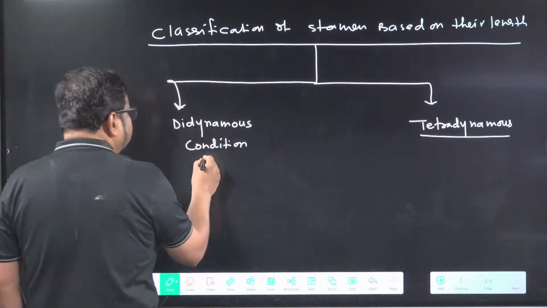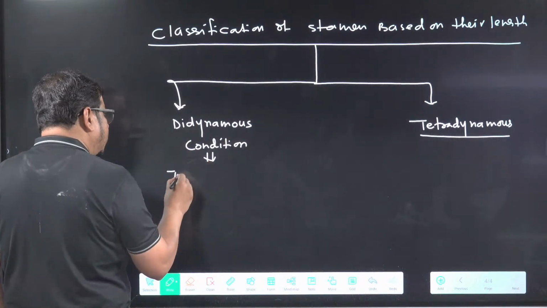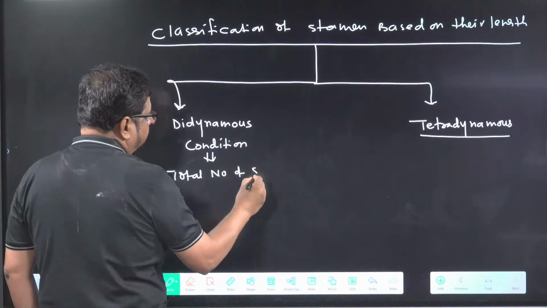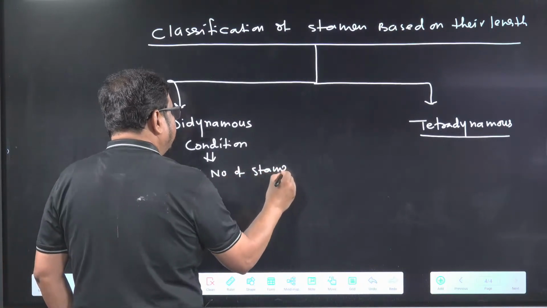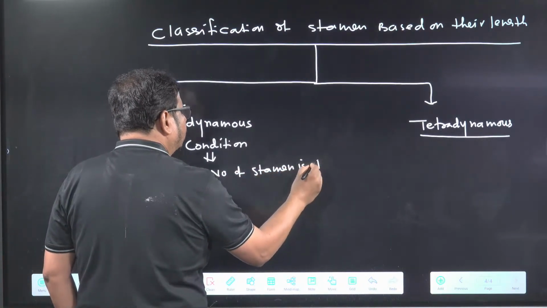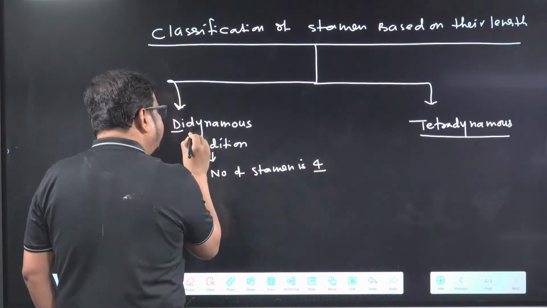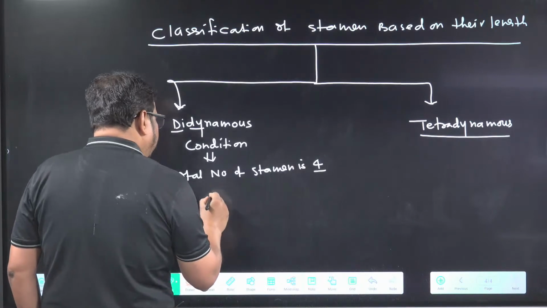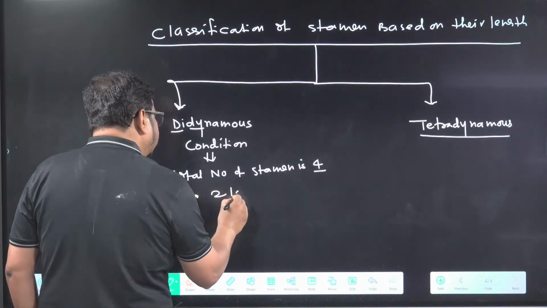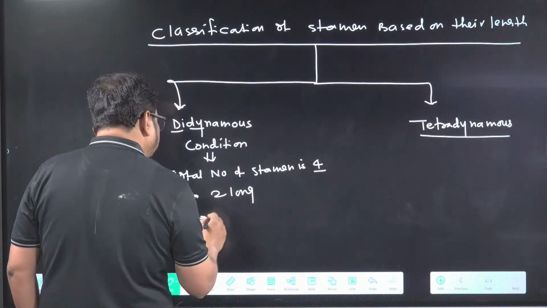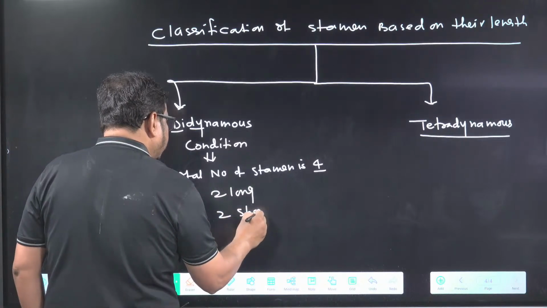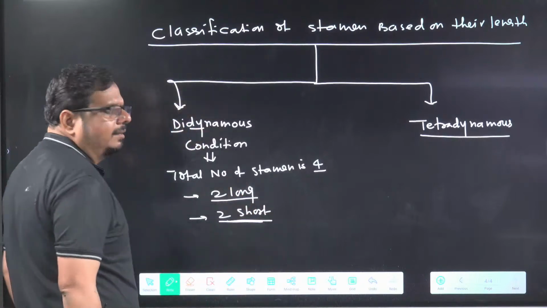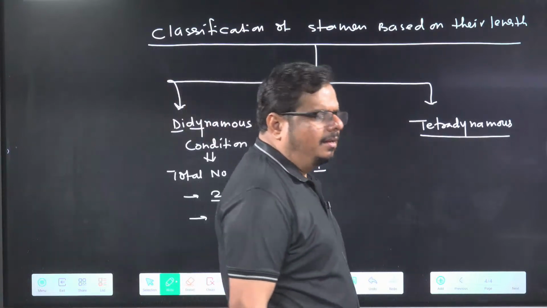So in didynamous condition, what happened? Total number of stamens is 4. Di and di, 2 and 2. Two long and two short. It means the lengths of all four stamens are not equal.